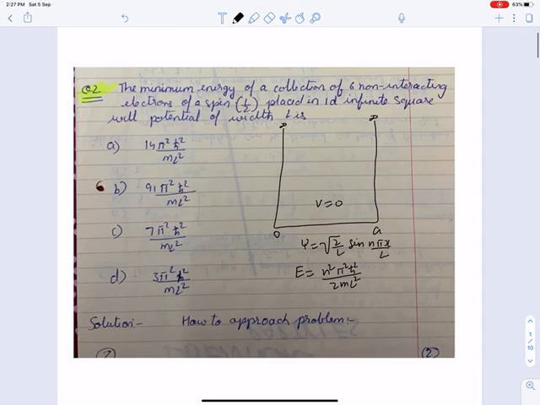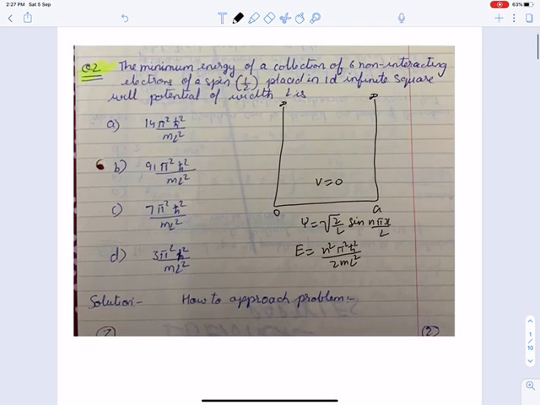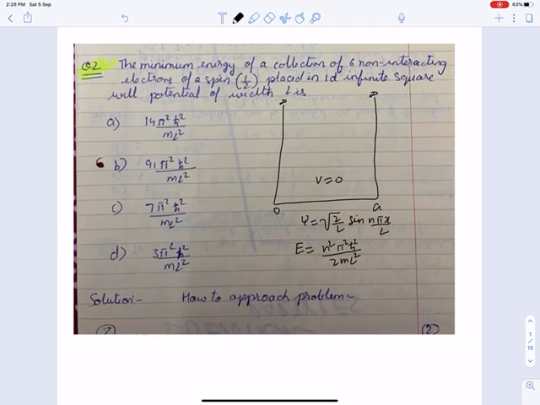Now the problem is, how to approach this problem. There are 6 non-interacting electrons. We know electrons have spin half. Now I told you about the master formula, 2S plus 1. If you apply it here, S is the spin, and the spin of electrons is half, so 2 into half plus 1 becomes 2.